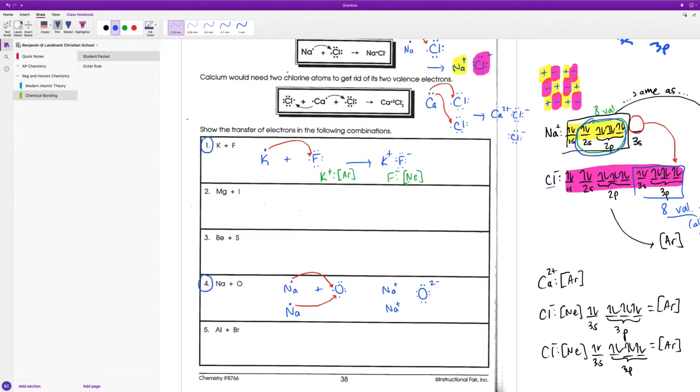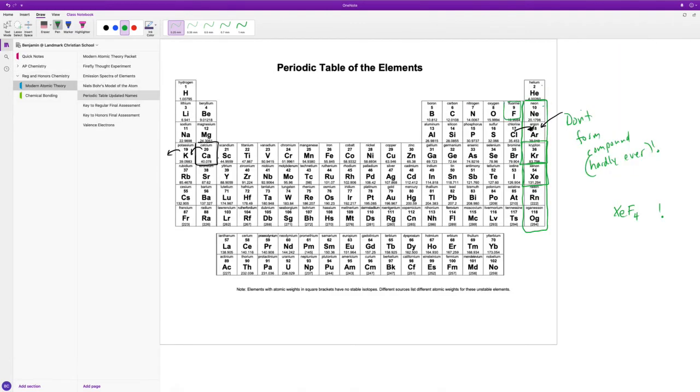Okay, so what elements are these ions like now? If sodium loses that electron, right, look back at your periodic table. If sodium, here's sodium, if it loses 1 electron, back down to element 10 now, right? Now it's like neon. And the valence electrons would be in the second energy level, the 2s sublevel and the 2p sublevels, right?